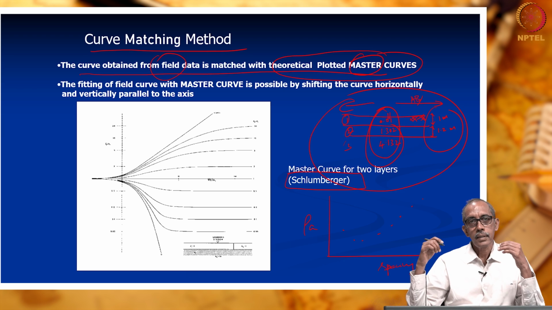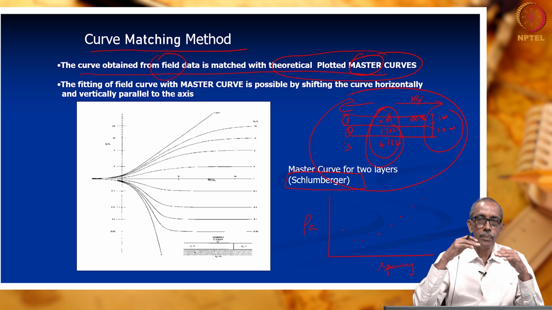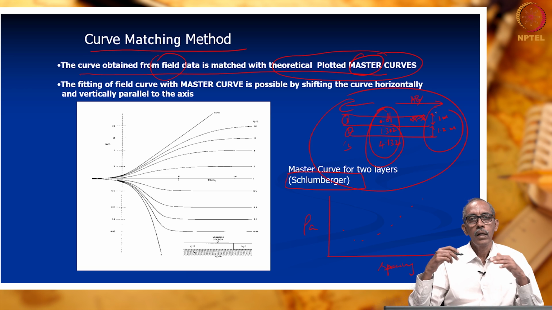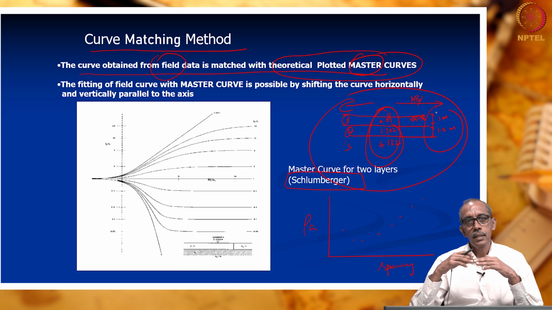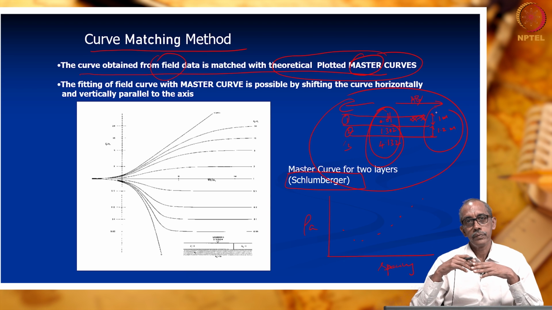So, these researchers, especially Schlumberger, have assumed different combinations of layers. That means, here we have assumed 1 meter thickness, 1.2 meter thickness, that is the second layer. For different thicknesses and for different true resistivities of layers, theoretically he has plotted the master curves.